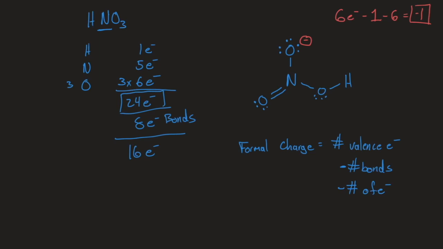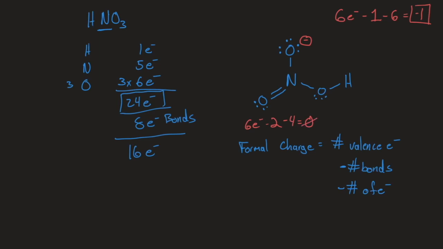If I look at an oxygen that has 2 lone pairs, like the one down here, again, it's got 6 electrons minus 2 bonds minus 4 electrons in lone pairs, which is equal to 0.